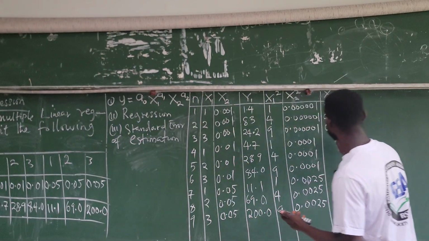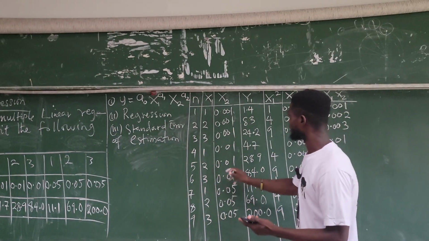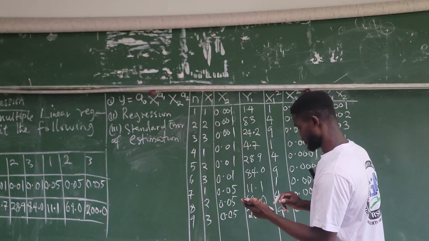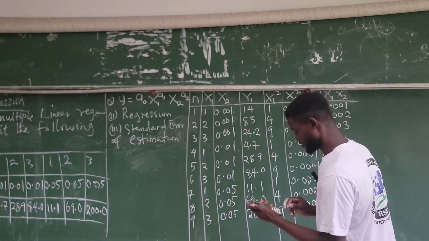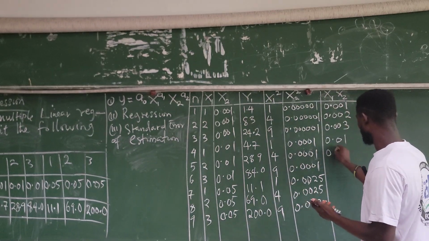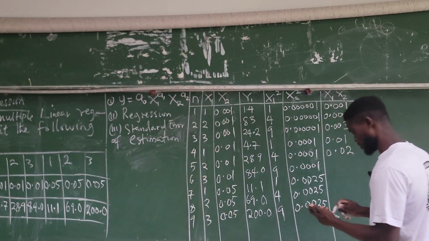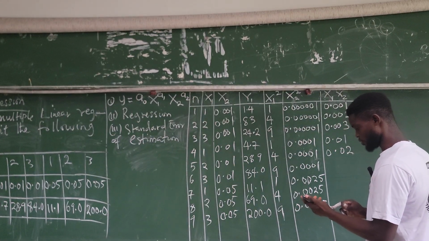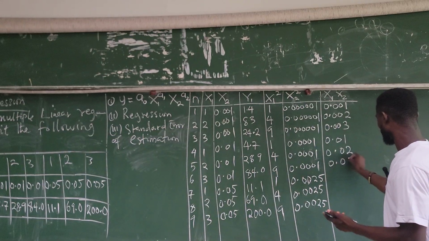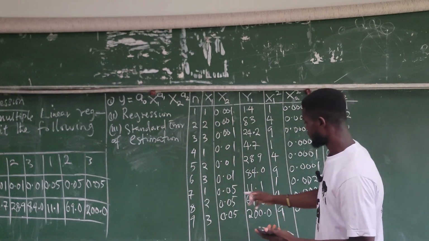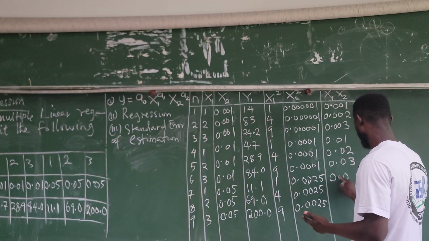Then 1 times 0.01 will give us 0.01. 2 times 0.01 gives us 0.02. Then 3 times 0.01 will give us 0.03. For the next, 1 times 0.05 will give us 0.05.